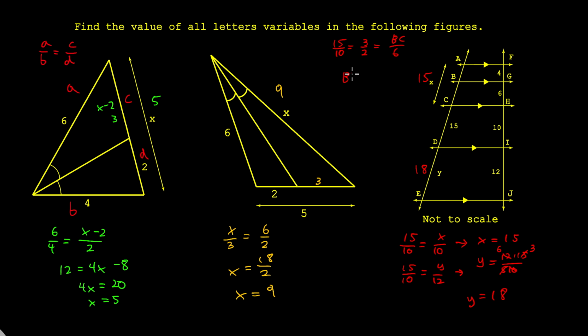So then BC equals 6 times 3 over 2. And then BC equals 9. That will be 9 right here. And then for the last segment, AB, we can just do 15 minus 9, which is 6. And as a check, 6 is 3 halves of 4. 4 times 3 is 12, divided by 2 is 6, and there you go.